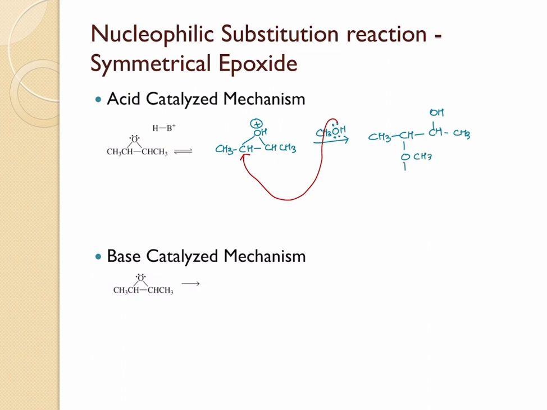So in this case you have a proton still intact here, but in the presence of a base, this proton will be abstracted and the positive charge will be neutralized to give the final product.